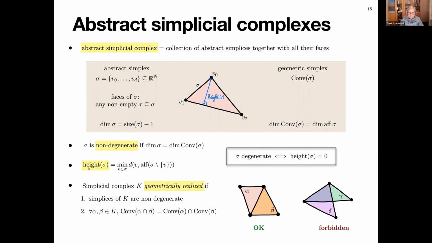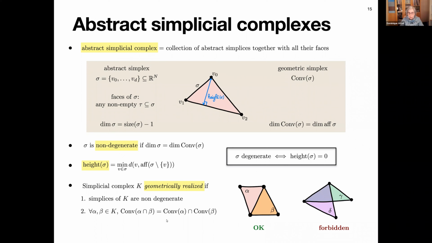I also recall that the height of a simplex is the smallest distance of a vertex to the affine space spanned by the other vertices. And so the height vanishes if and only if the simplex sigma is degenerate. And so when I say that I want to consider a simplicial complex that is geometrically realized, I mean that the simplices in my complex are non-degenerate.